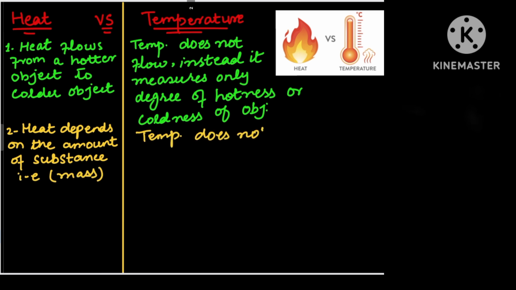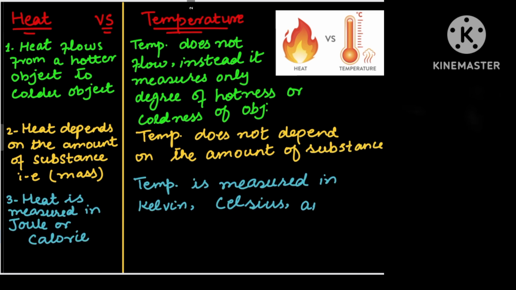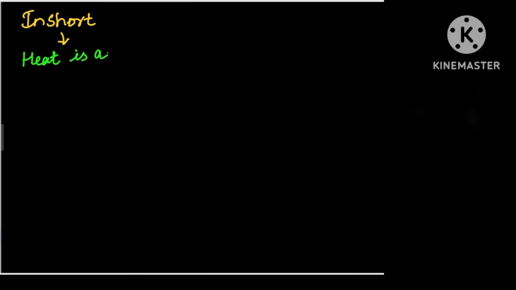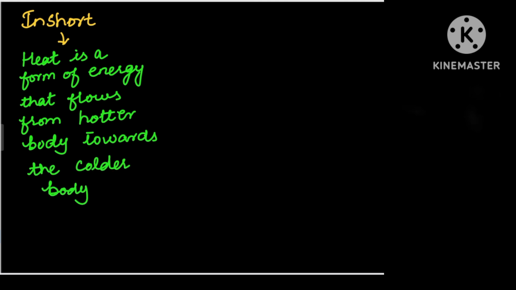But temperature does not depend on the amount of substance or mass. Heat is measured in joule or calorie, while temperature is measured in Kelvin, Celsius, and Fahrenheit. In a nutshell, heat is a form of energy that flows from a hotter body towards the colder body, and temperature tells us how hot or cold an object is.